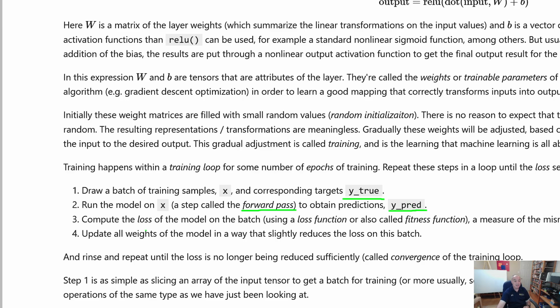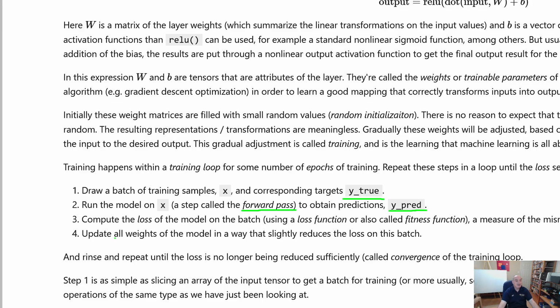And then we need to compute the loss of the model on that batch using a loss function. We talked a little bit about a loss function, but we'll look at that again in this video. This needs to be some measure of how badly the current set of weights is doing in relation to what we want it to predict, what Y true is, what the labels are.